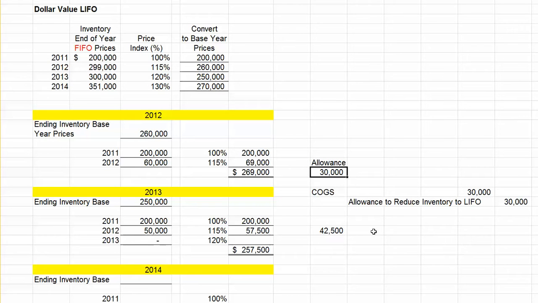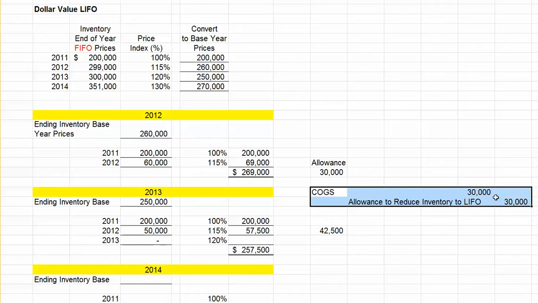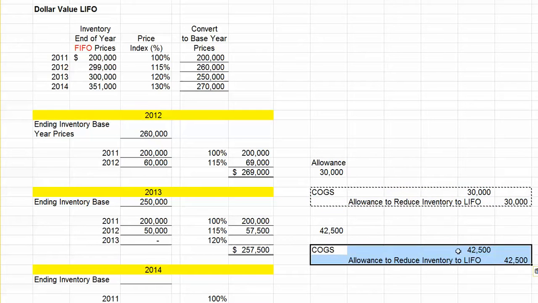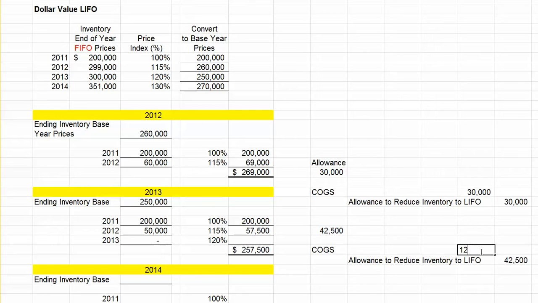Currently, the allowance is $30,000 left over from the prior year. So we're going to need to increase that allowance by the difference, or $12,500 will be our entry to increase our allowance to the current required balance of $42,500.